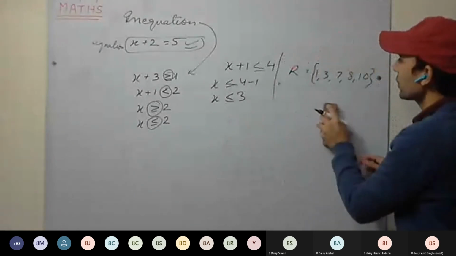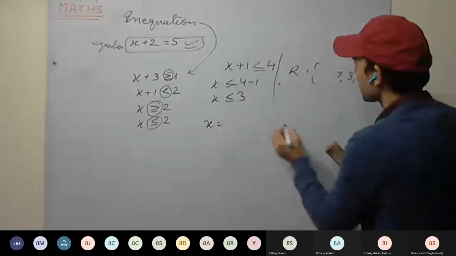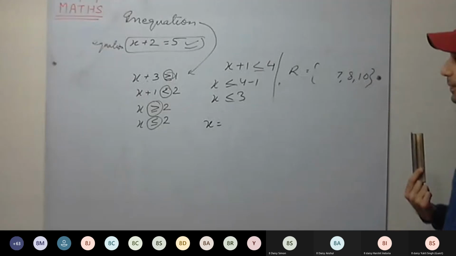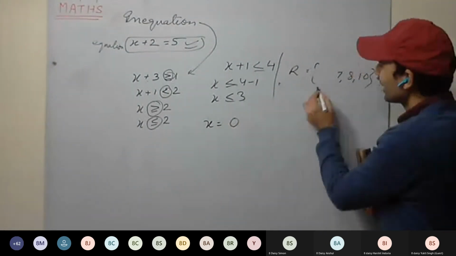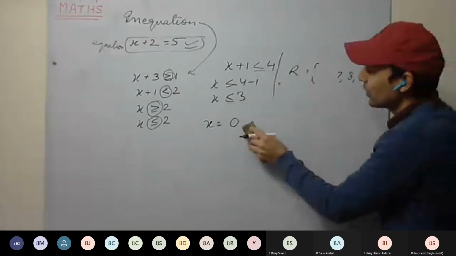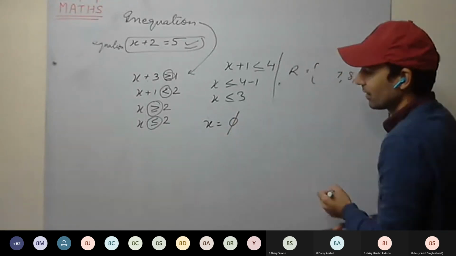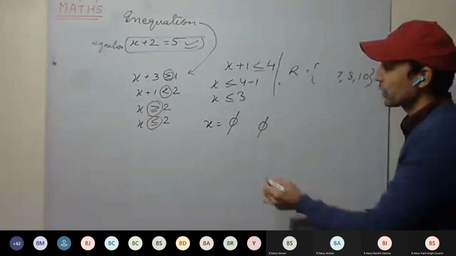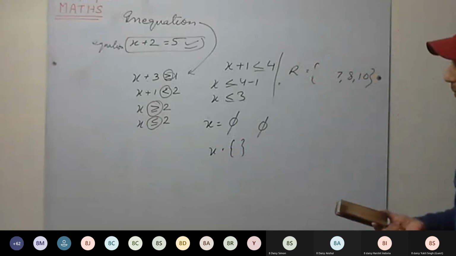And if this is the question, if I remove these two, this time what will be the answer? Zero? If I put 0, see here, 0 is a number, and it is not in the set. So there is no answer. No answer may be denoted with null, or you can write it like this: nothing in the set.